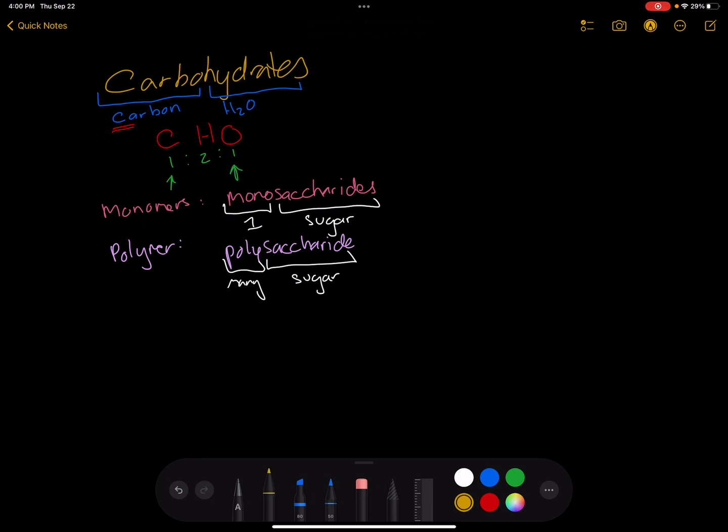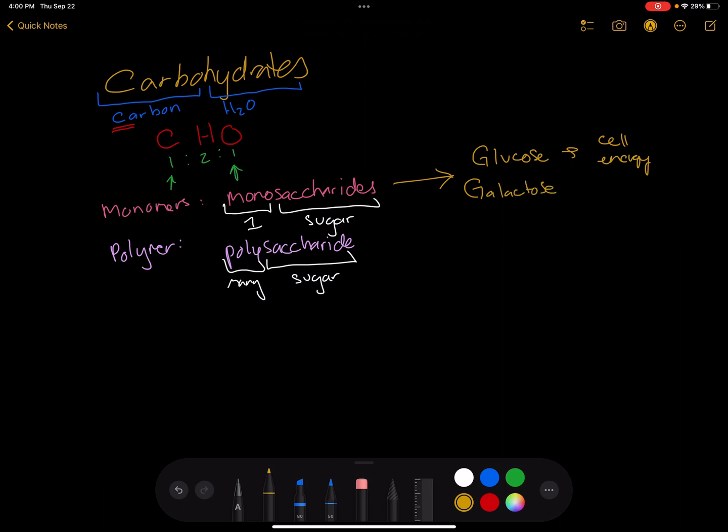Now monosaccharides, there's a couple special ones that I want us to know. The first one being glucose. Glucose is what I use for cell energy. The next monosaccharide is going to be galactose.